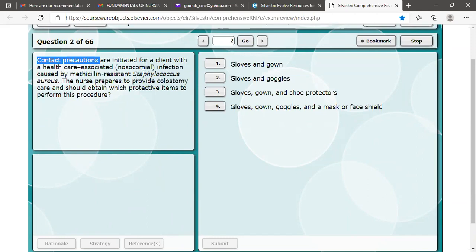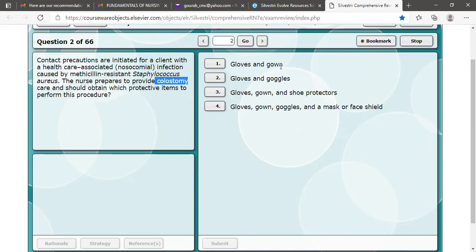So when you see colostomy, you have to think critically. MRSA is a contact precaution I need to follow, but the patient needs colostomy care, so fluid can come in contact. Which protective item do we use to perform this procedure?